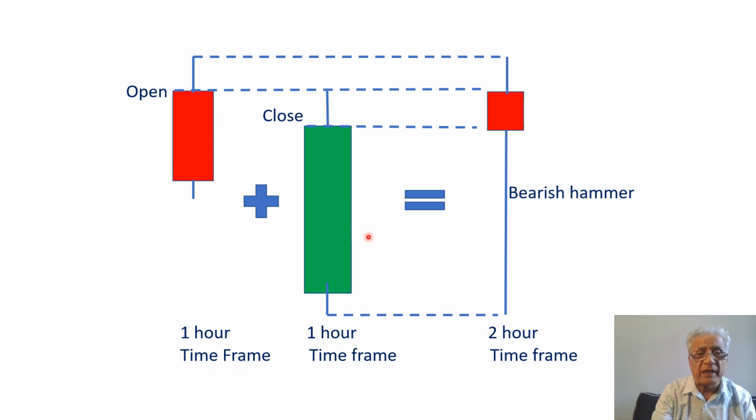The rule to blend these two candles together is we take the open of the first candle, and then we take the close of the second or last candle, in this case the second candle, and then the high and the low of the pattern. Now the outcome is going to be a bearish hammer with a 2 hour time frame, because we blended two 1 hour candles to get this 2 hour hammer.